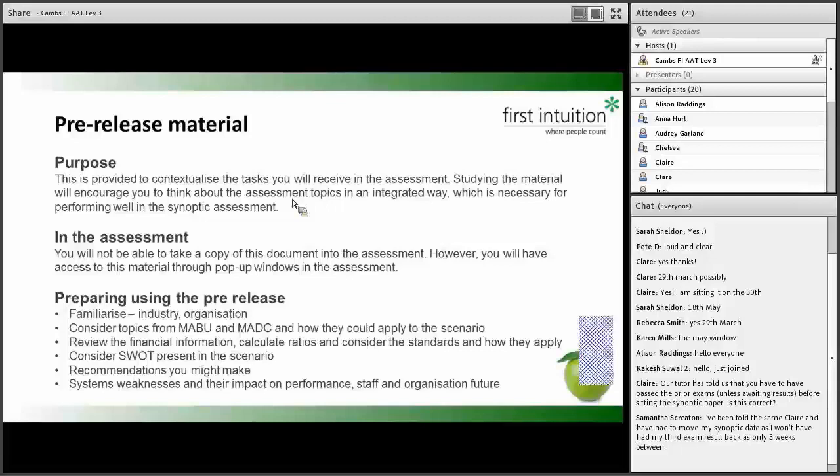So why are you given it? You're given the pre-release material to enable you to have an understanding of the background of an organisation, to be able to really absorb yourself into that organisation and be able to make decisions and prepare answers to questions as if that was the organisation that you work for.